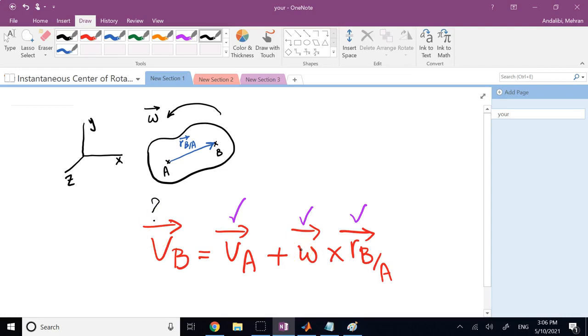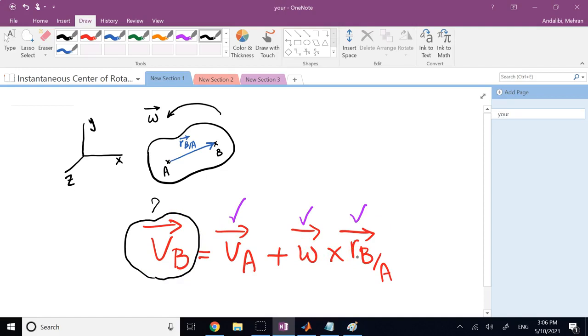It's typically one or two components out of this set that is missing, or if it's in space, it could be even 3 components. But this is the way to find the velocity of a point of interest on the rigid body if you know the velocity of one other point, the rotational velocity, and the position of the 2 points with respect to each other, right?